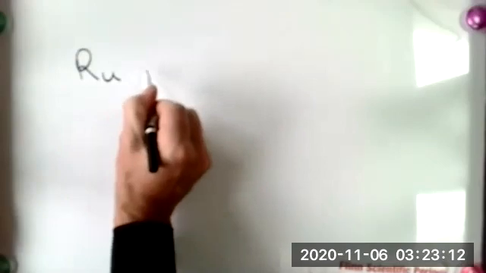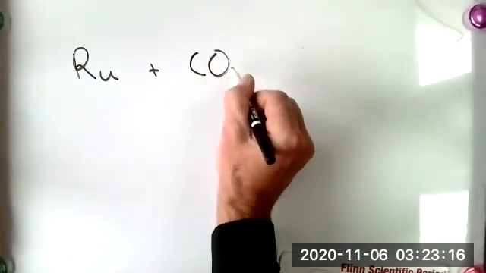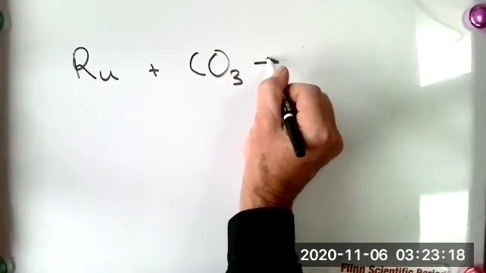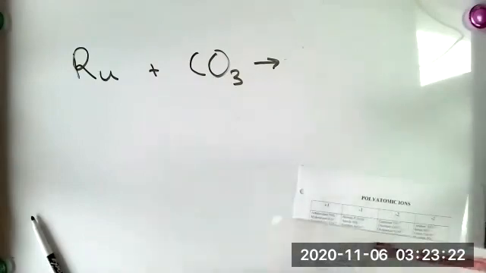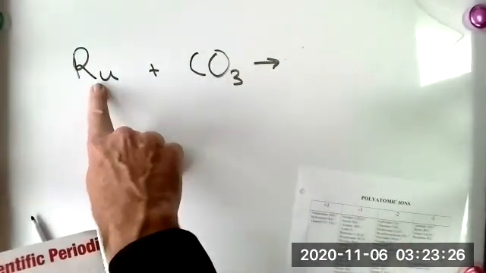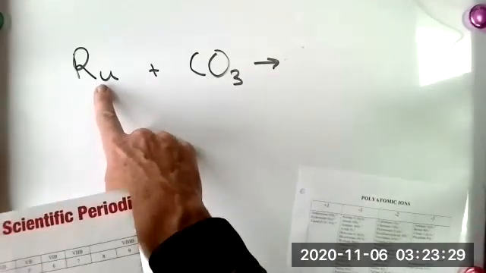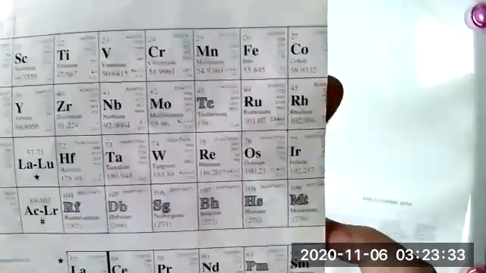Let's take RU and let's add it to carbonate. Okay, here's our problem. Here's the problem. All of you, are you ready for this? Get it? Okay, are you on the table? There he is. Look.